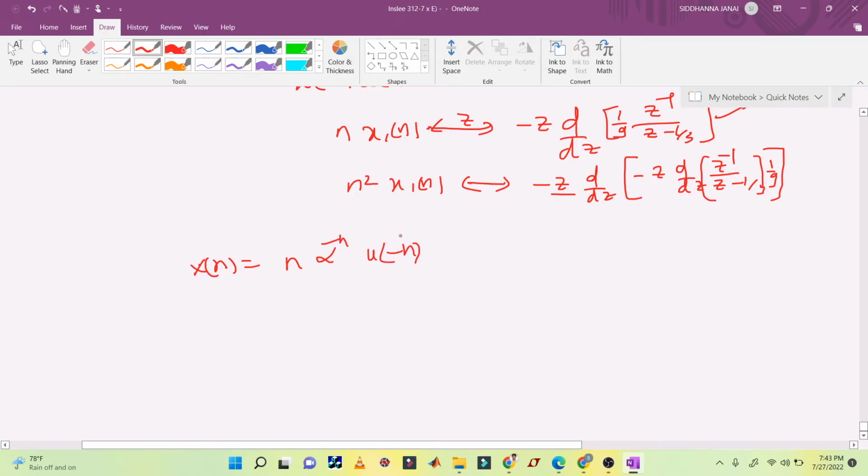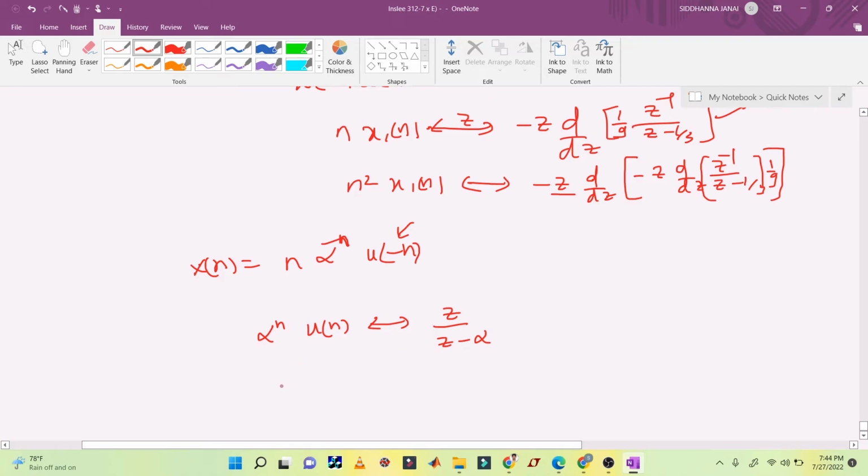This is the problem. Here the time reversal property is there. Alpha to the power minus n. We know that alpha to the power n u of n has z transform z divided by z minus alpha. If it is a, z divided by z minus a.